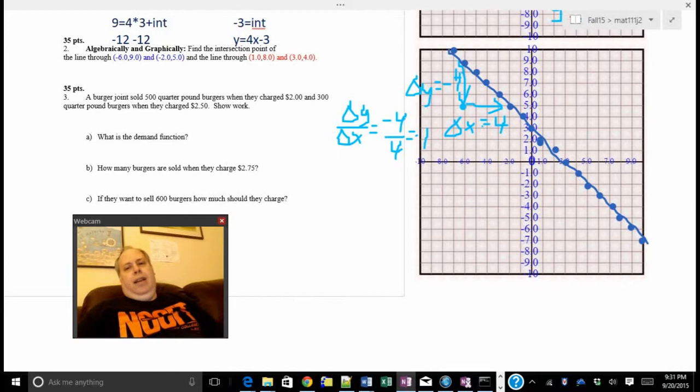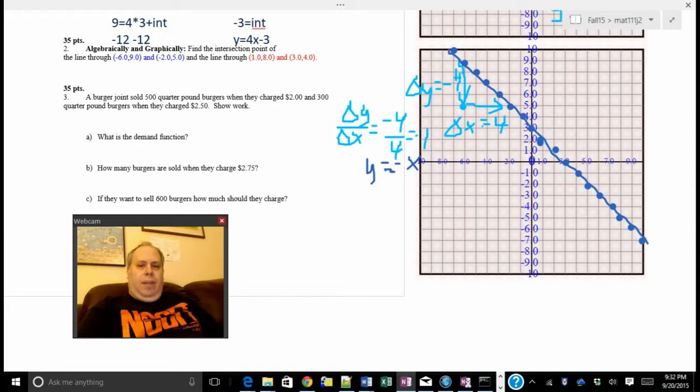We can eyeball this and say this has to be y equals -x + 3. But we'll have to rederive that algebraically, and we will in a minute.